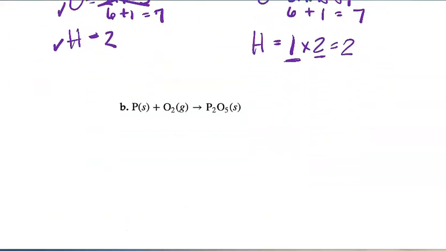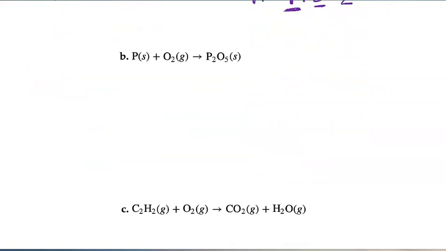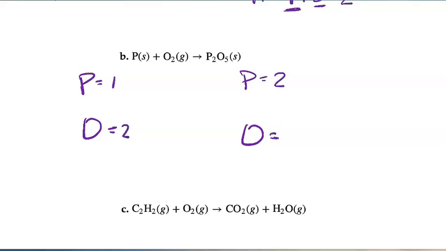Okay, so it's just kind of a stepwise, be careful. Recount everything. All right, next one, we have 2 elements, phosphorus and oxygen. On our reactant side, we have 1 and 2. On our products, we have 2 phosphorus, we have 5 oxygen. So you could go ahead and start with the phosphorus, or you could start with the oxygen.